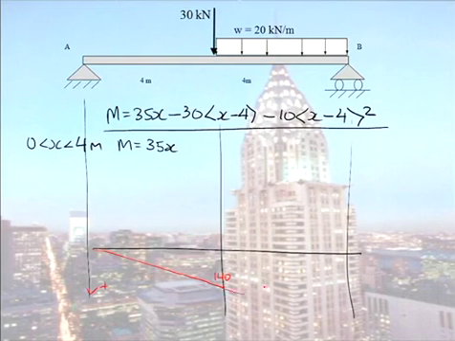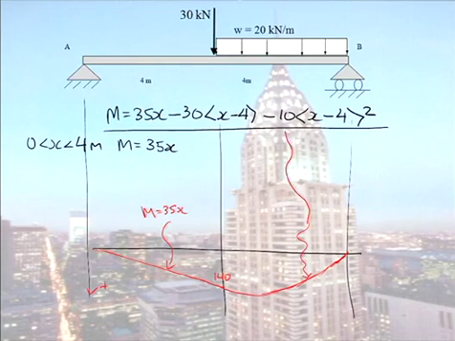If you do plot them all, you end up getting a shape like that. So that expression and this expression in here is effectively that full thing.